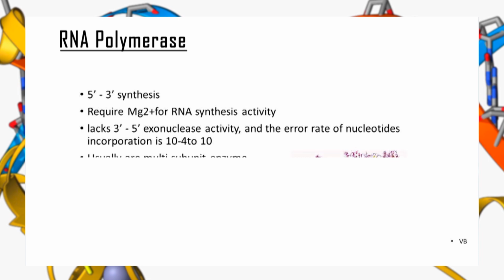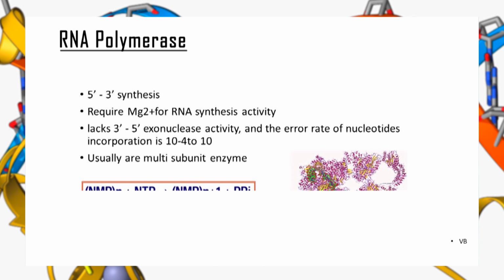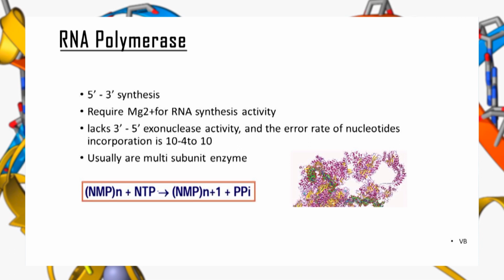It requires magnesium for RNA synthesis activity, lacks 3' to 5' endonuclease activity, and the error rate of nucleotide incorporation is 10 to the minus 4 to 10 to the minus 5. It is usually a multi subunit enzyme.